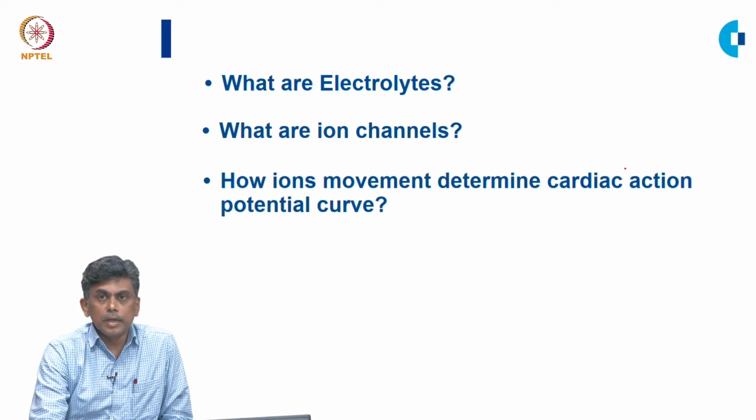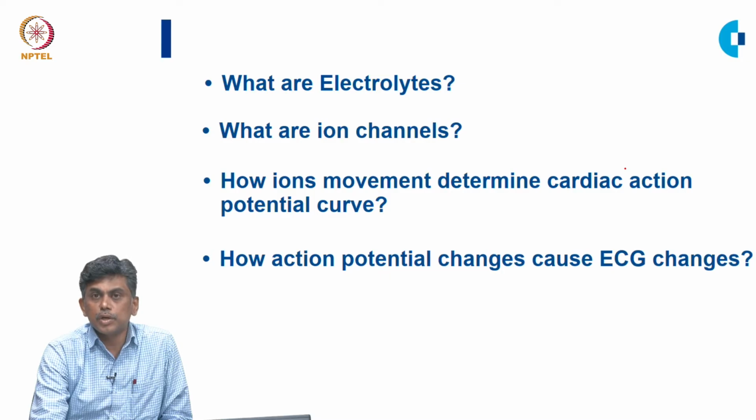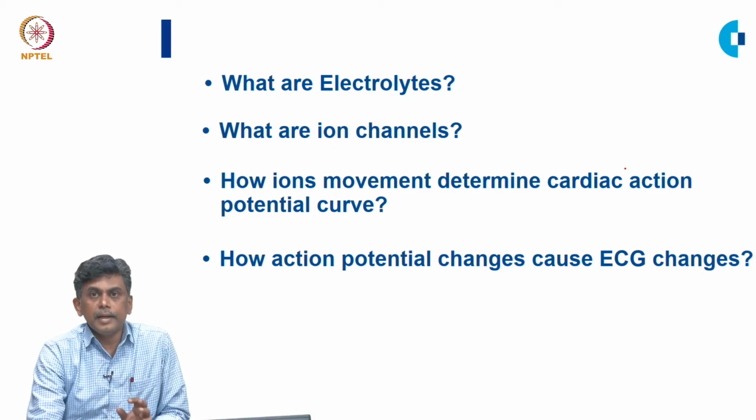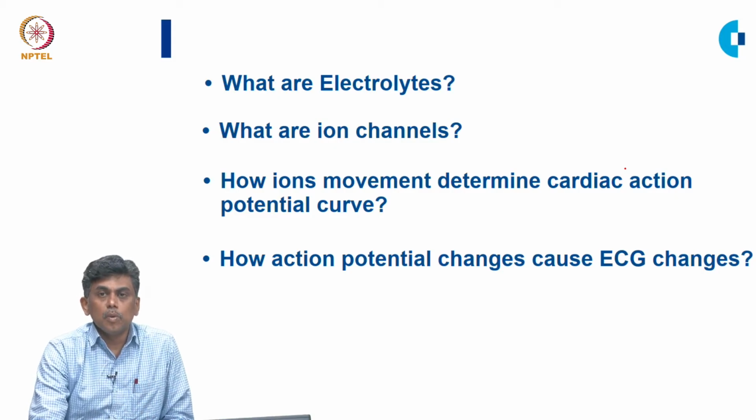Then we should understand the movement of ions through these channels, how they cause action potential changes, and how action potential changes lead on to ECG changes. So, we know now there are two electrolytes which cause ECG changes, potassium and calcium. With that in mind, we will see what changes they cause in the action potential.